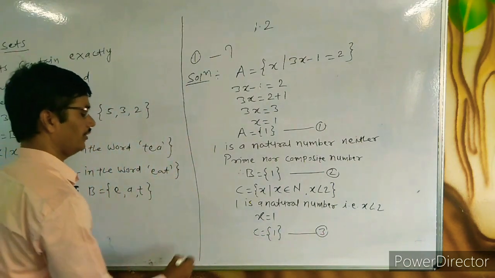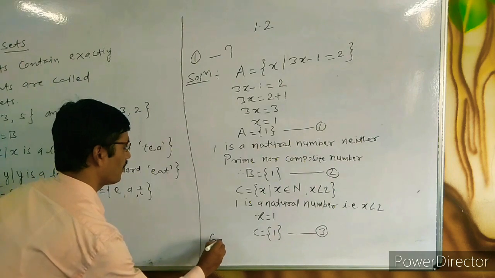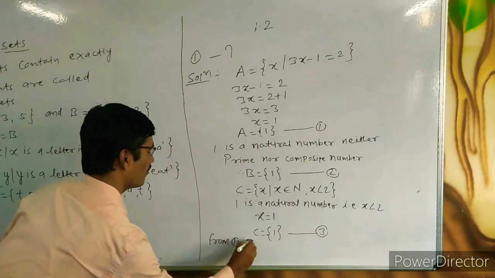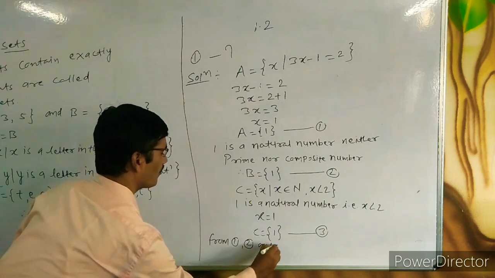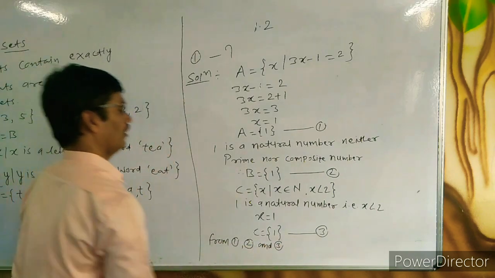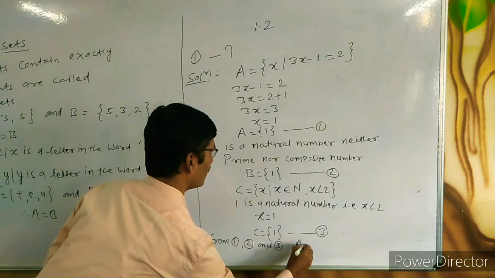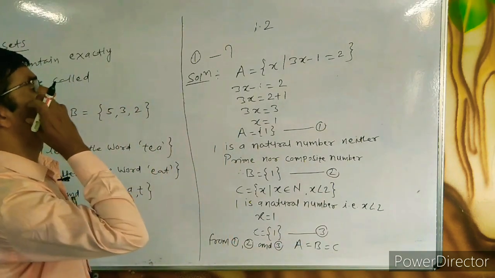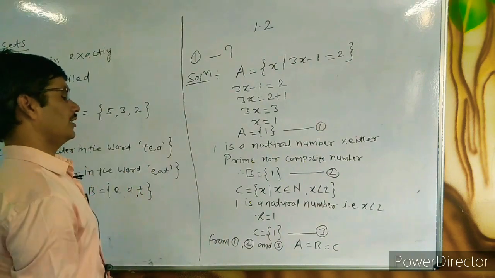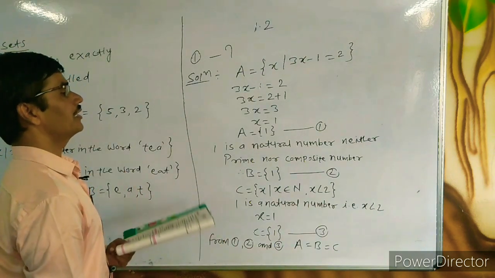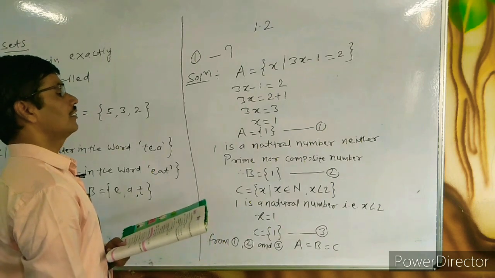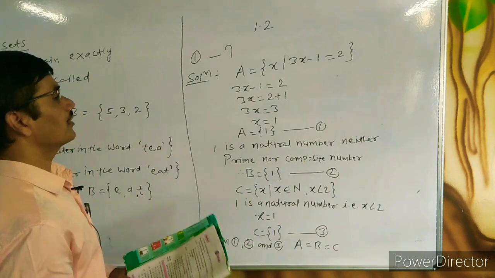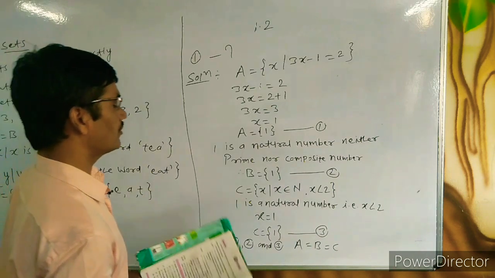From 1, 2 and 3, A equal to B equal to C means these three sets are equal sets because the elements contain exactly same.